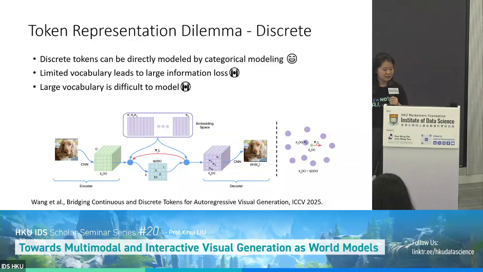But on the other hand, we found a lot of training problems for the discrete tokenizer, and we cannot easily scale the vocabulary size. The limited vocabulary size of the tokenizer can lead to limited performance in reconstruction and generation.